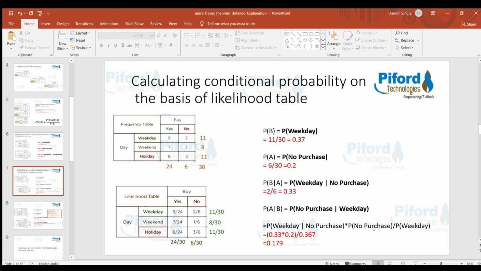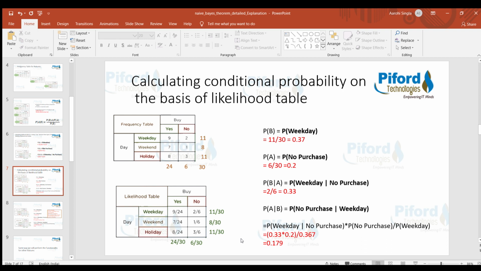Probability of no purchase, divided by probability of B, and what is probability of B? Probability of weekday. You fill these values in over here and you get this output. What we are getting over here is 17% probability of no purchase on weekdays, right? So this is for no purchase.